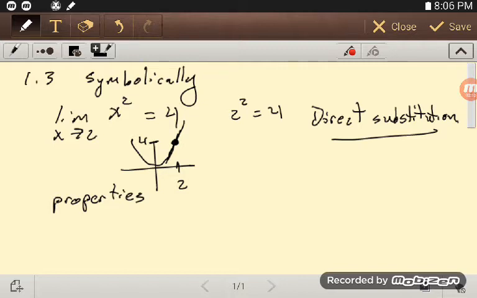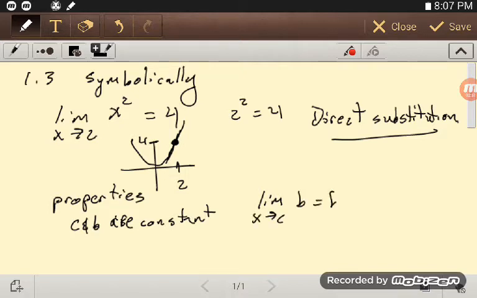And really, kind of from the direct substitution, one property is they're saying that if b is a constant, and c is another, so c and b are constants, then we can say some things also pretty confidently. The limit as x goes to c of b, that constant, is just b.